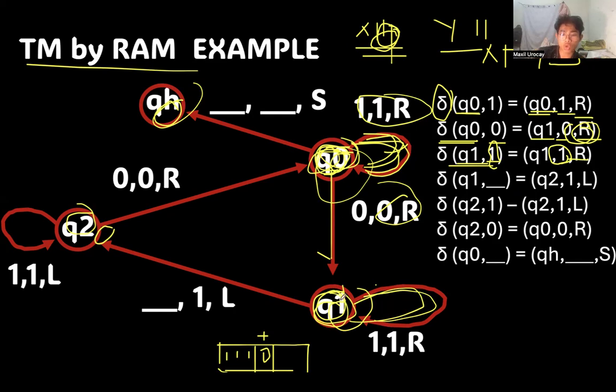So in state Q1, that means our Turing machine is continuing to read the 1 input under our tape head. We increment the tape head by plus 1, since we are not decrementing.